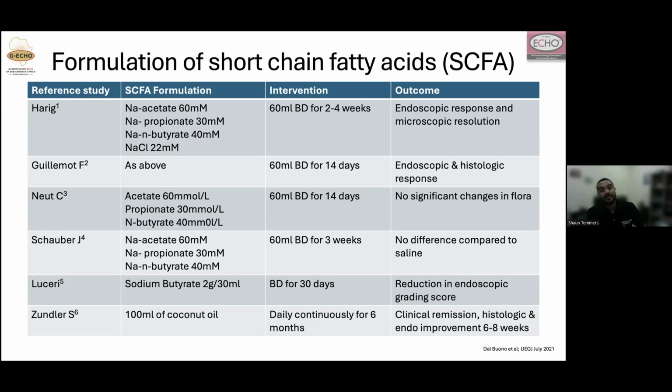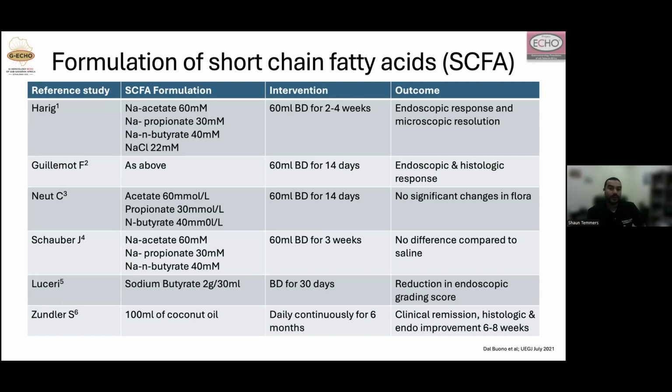Subsequent studies had similar mixtures to the original study, but they were much shorter, and had conflicting information. The one by Neut showed no significant changes in the flora, and Sheoba showed that there was no difference when they compared their slurry solution to saline.